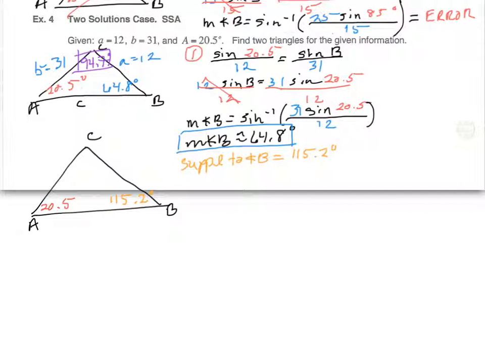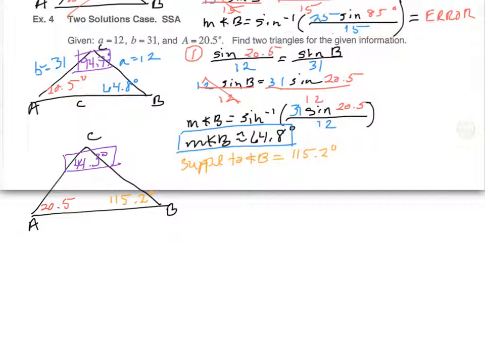So 180 minus the 20.5 minus the 115.2. Do we get a viable answer? Yes, we do. So we get 44.3. That's how I know I have two solutions: I got a second viable angle C from the supplement to angle B. Okay?